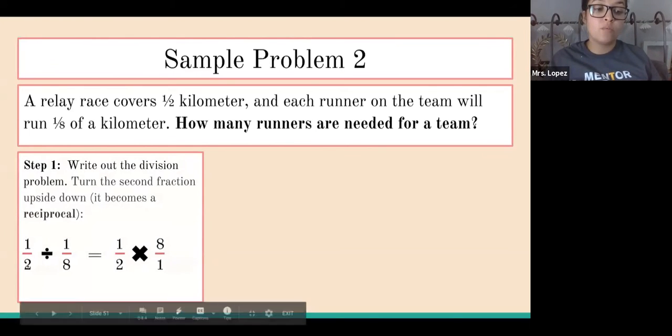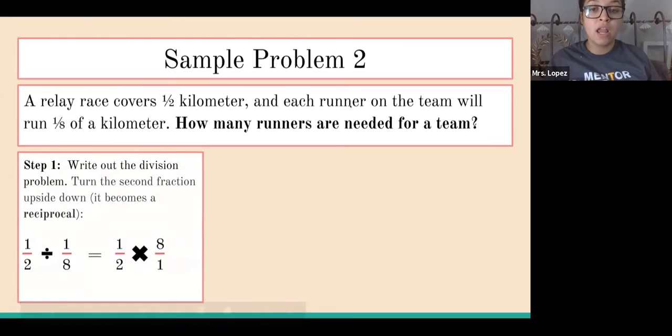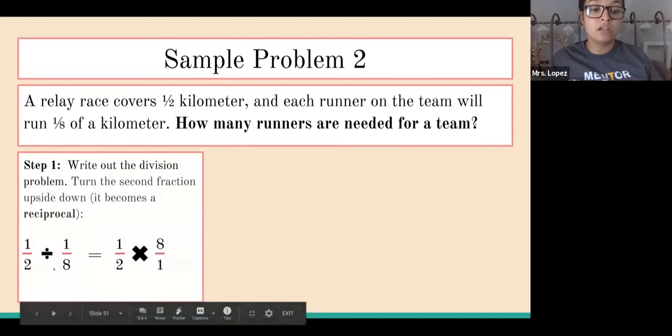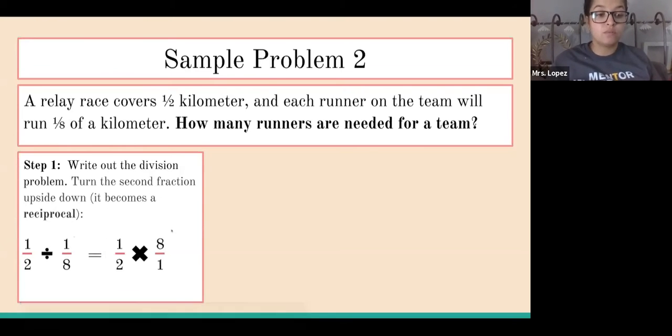So we have 1/2 divided by 1/8, because we have a half a kilometer and each runner is going to run 1/8. So we want to know how many runners we need for the team to run half a kilometer. And then we're going to turn the second fraction, 1/8, into its reciprocal.